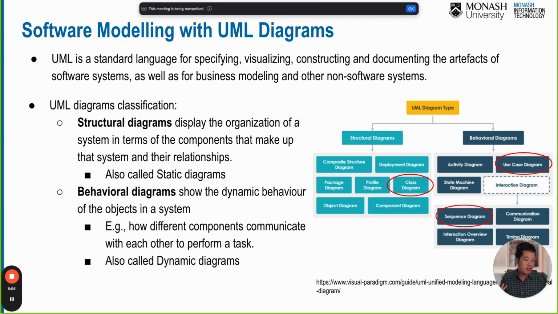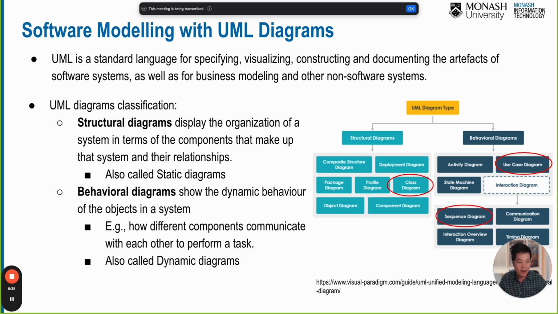So in terms of the diagrams, when you look at the figure on your right-hand side here, there are mainly two types of UML diagrams: first structural diagrams, second behavioral diagrams. For the structural diagrams, basically we want to display the organization of the system, what the components are in the software, in the diagrams.